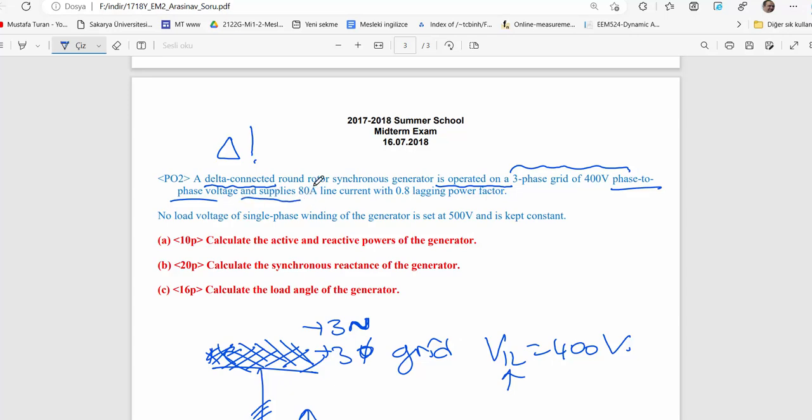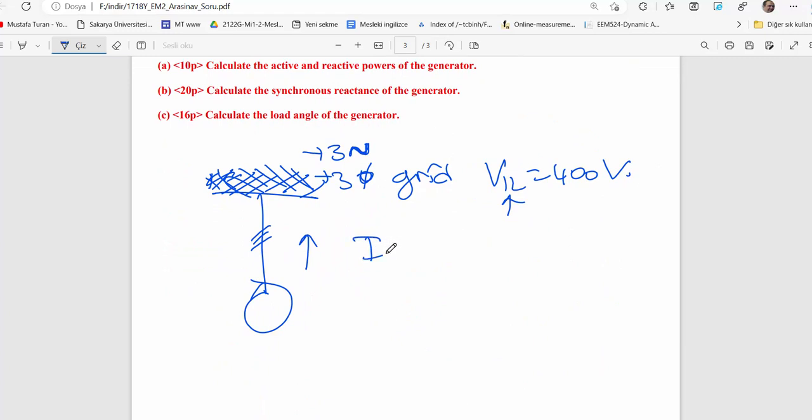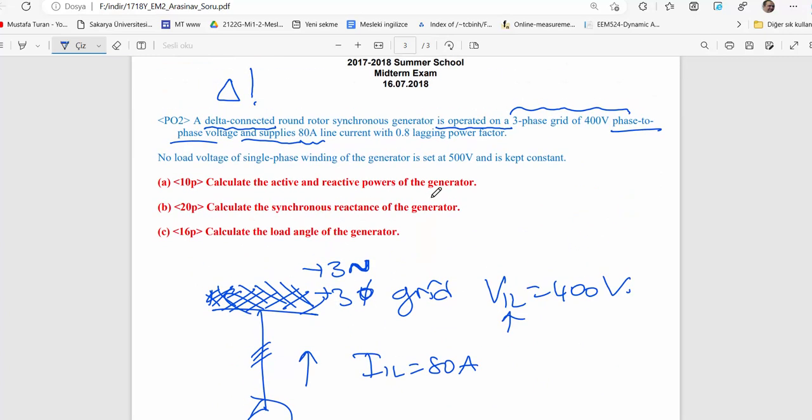And supplies 80 amps line current, having a power factor of 0.8 lagging.